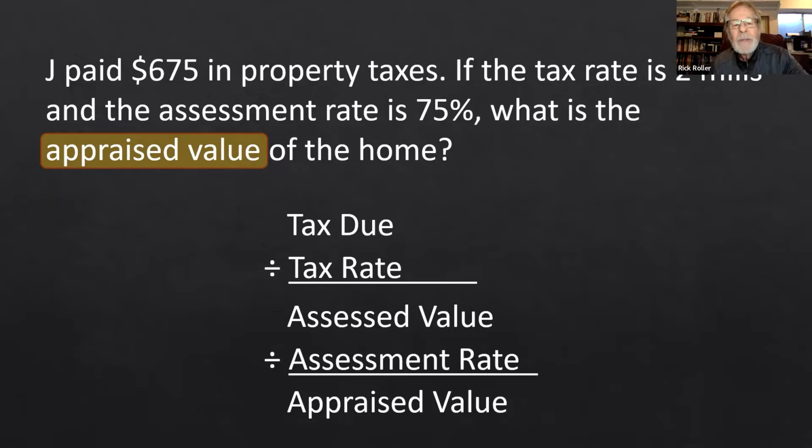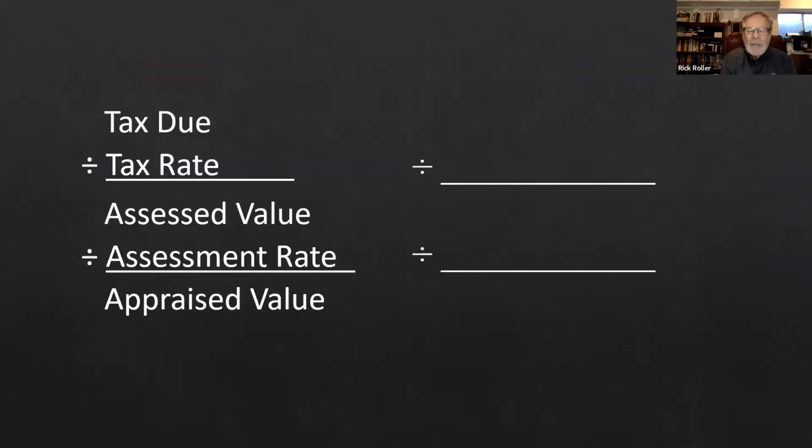All right, so see, in our previous example, the tax due was on the bottom of the formula, wasn't it? But this one, we're working it backwards. All right, so what is the other data we need? We need the 675 for the tax due, we need the 2 mils, and we need a 75% assessment rate. So let's plug our figures in now. We know the tax bill due was the $675.